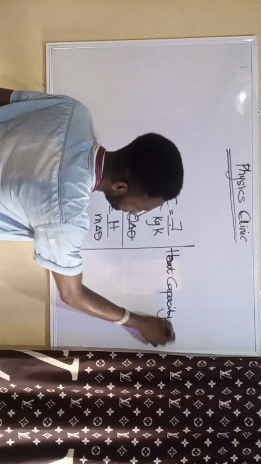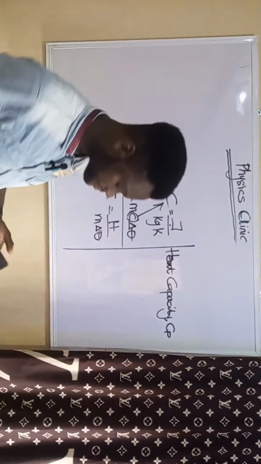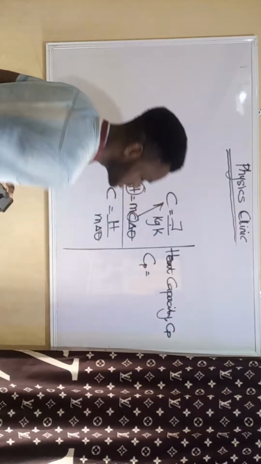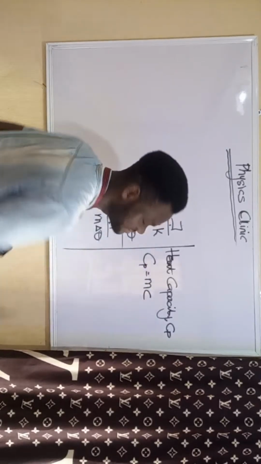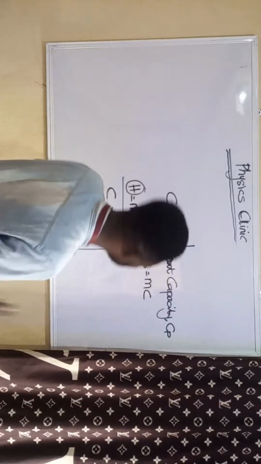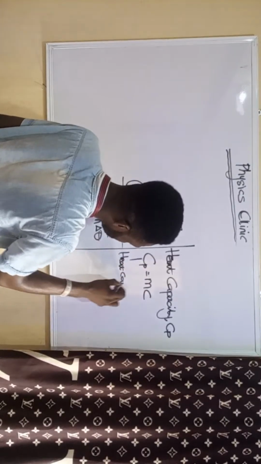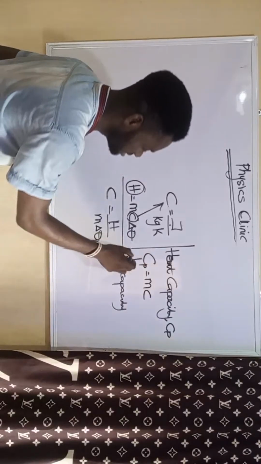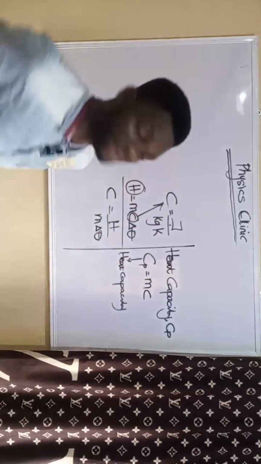It is given as Cp, the symbol we are going to adopt. Cp is given as the product of the body's mass and its specific heat capacity. Okay, so that's what we established in our last class.